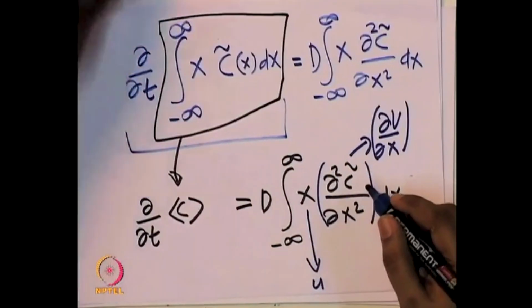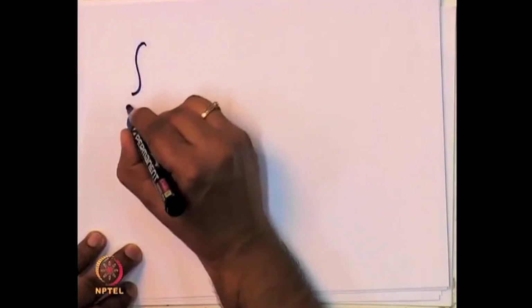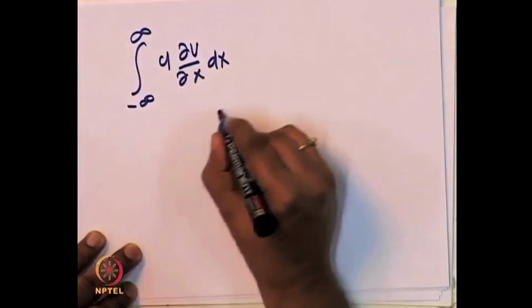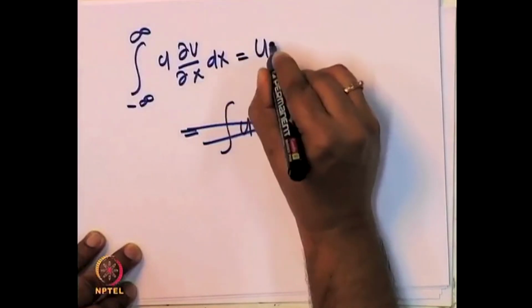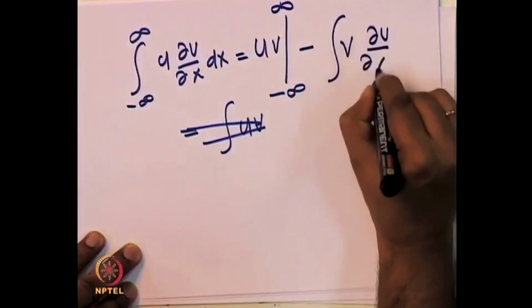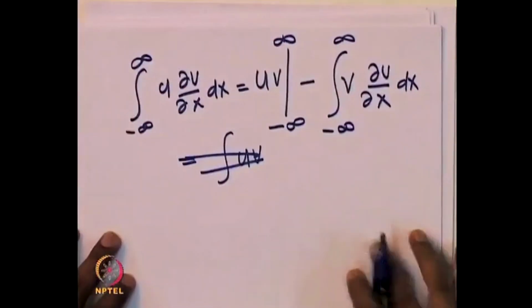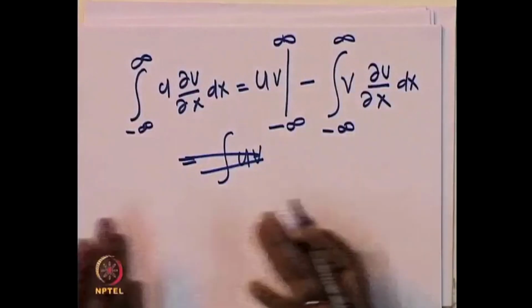As we discussed in the last lecture, integral u dv by dx can be written as uv in the limits minus integral v du by dx dx. This is the standard formula in calculus, which in the last class we figured out how it comes. Let us use this formula now.